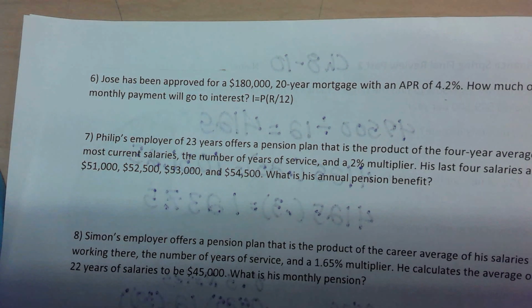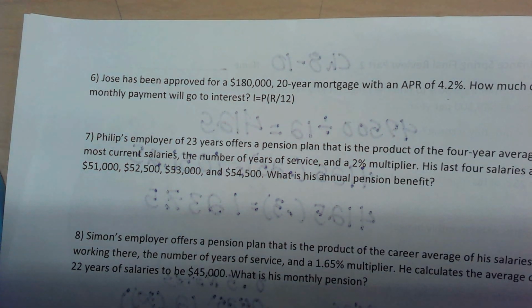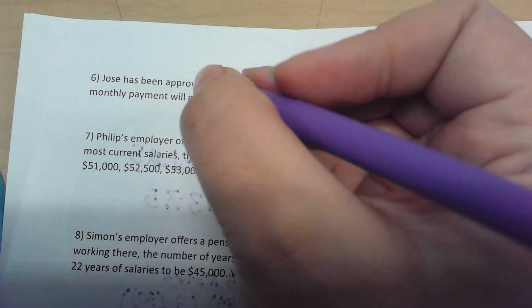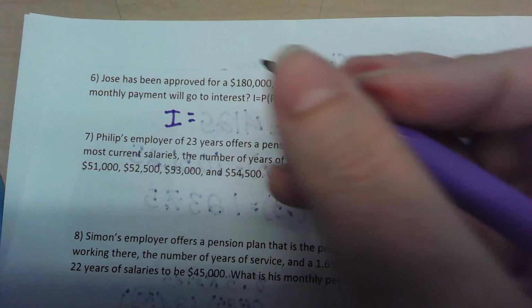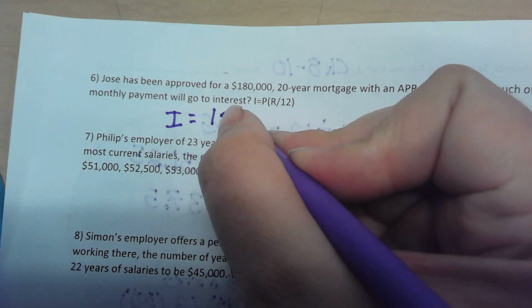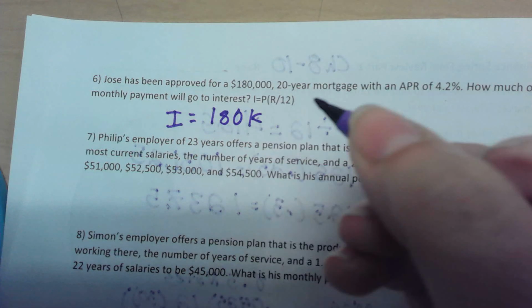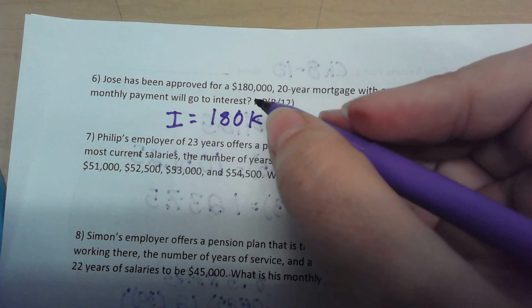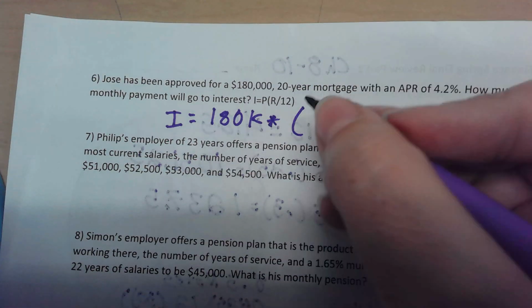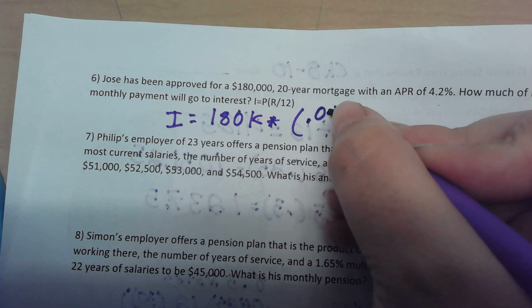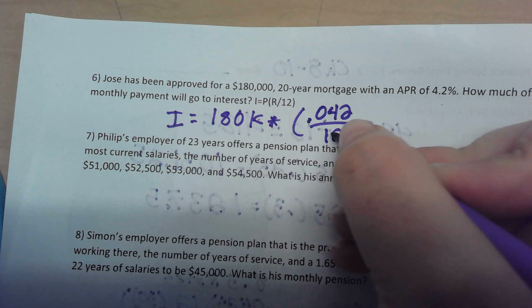Okay, so for this one, how much of the monthly payment will go to interest? We're just doing simple interest for this one, everybody. So it's going to be the principal, 180,000 times the rate as a decimal, of course, so 0.042 divided by 12.